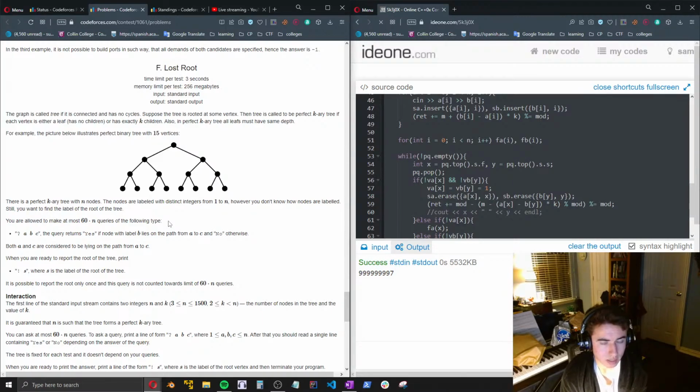Well, let's see. Think about the diameter of the tree. The diameter will always go through the root, right? So what if you found the diameter? What's the diameter algorithm, right?